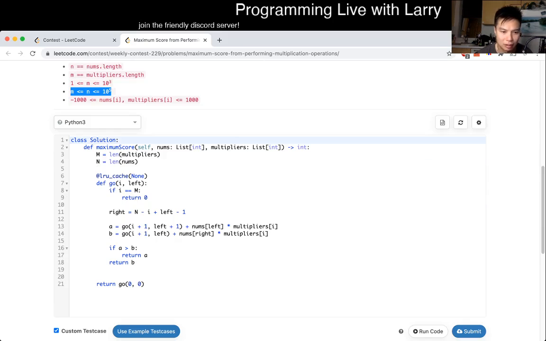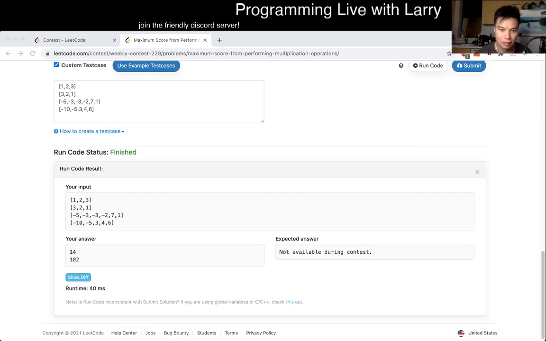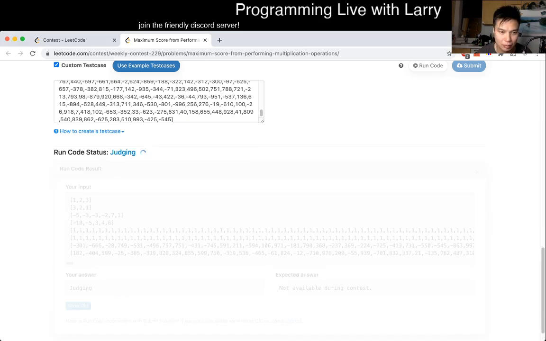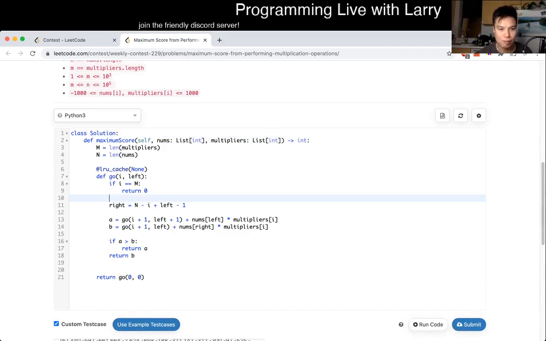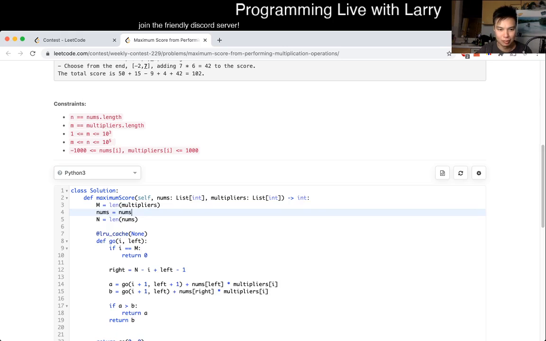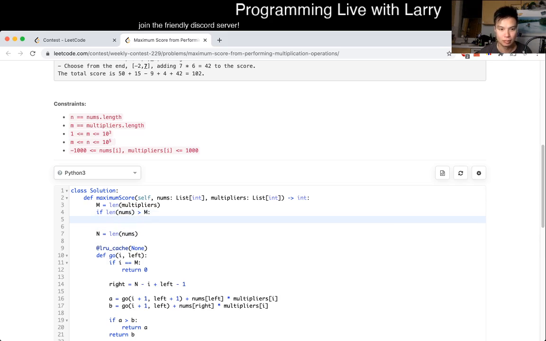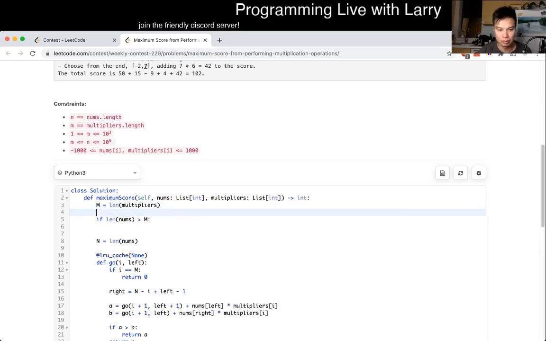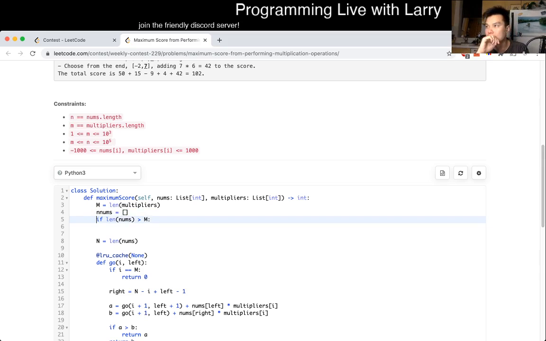It is still m squared though. I don't get it. I don't get it.